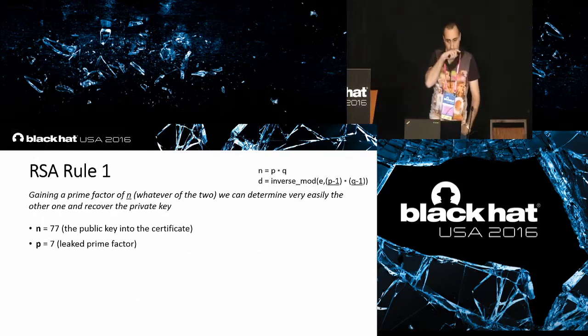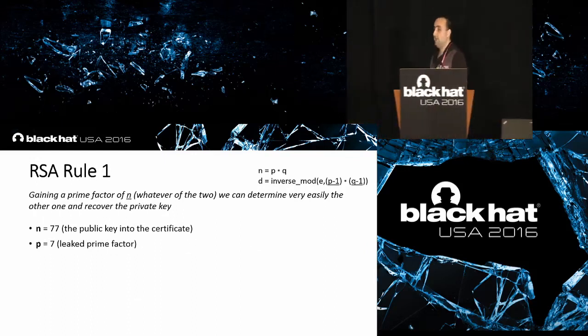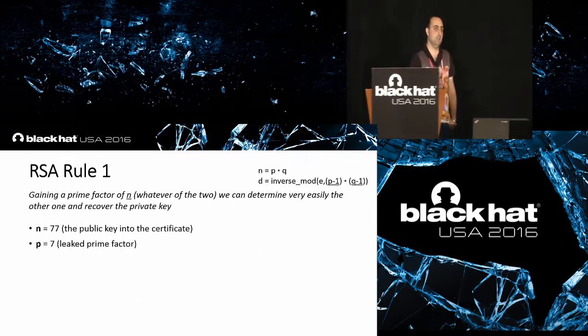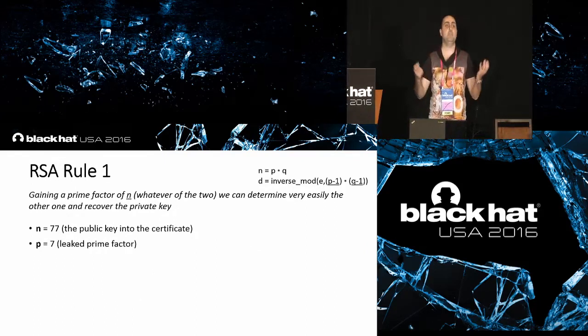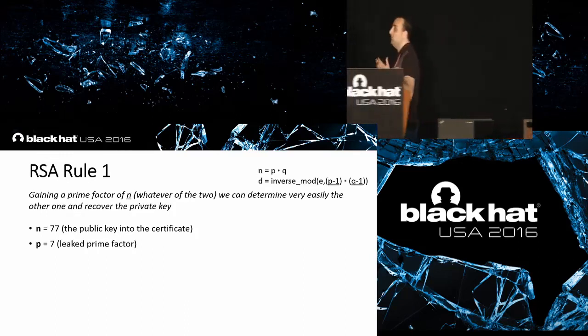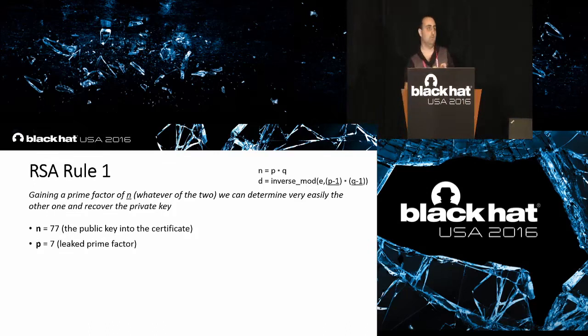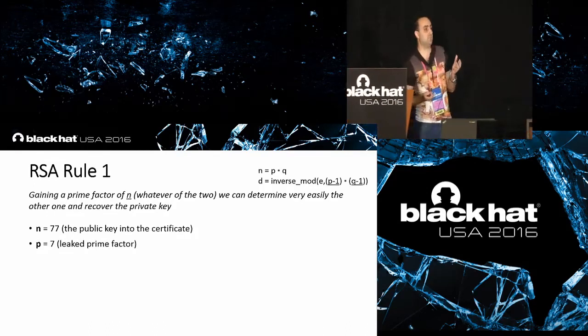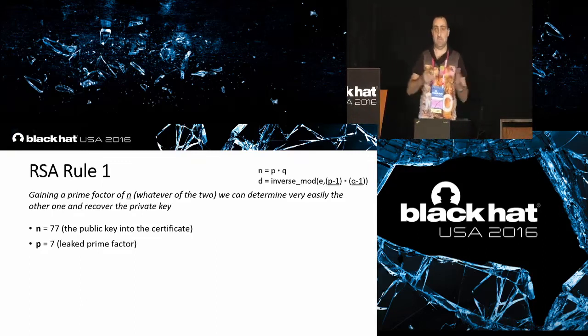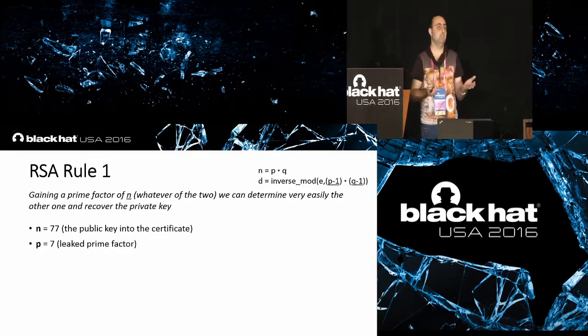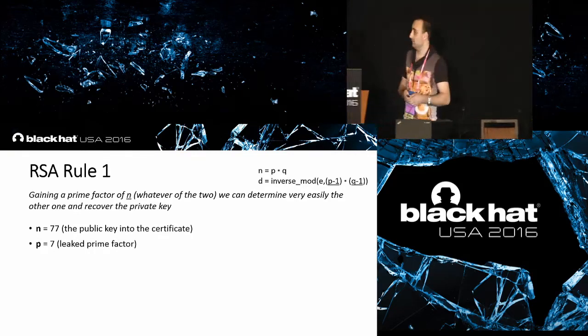If you remember, I told you that the security of RSA revolves entirely around the fact that the prime numbers P and Q are unknown to the attacker. But actually, it is even worse than this, because if the attacker can collect just one of P and Q, he or she can derive the other prime number, and then the private key can be calculated very easily.